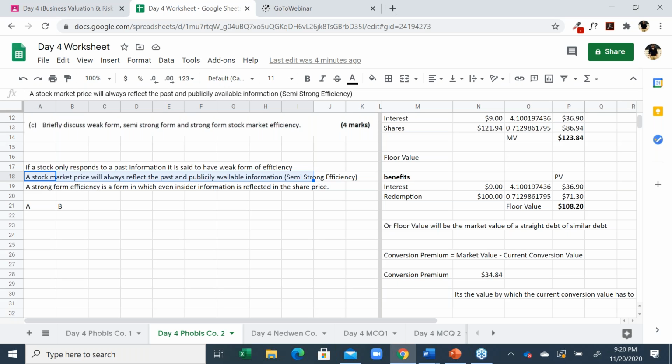It was just an example of a relationship between information and value. So I hope I have explained the three forms of efficiency.